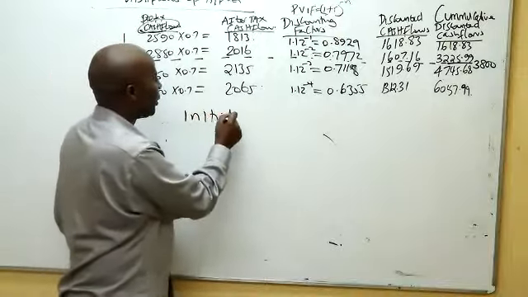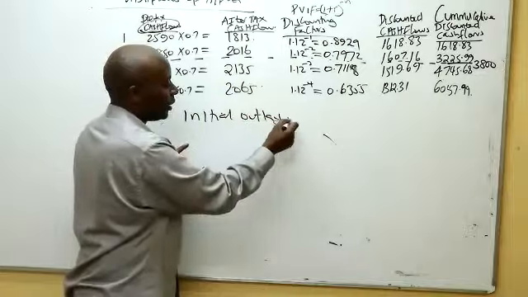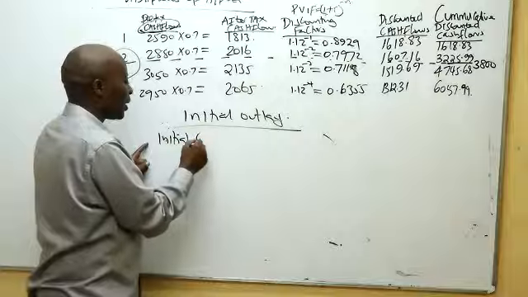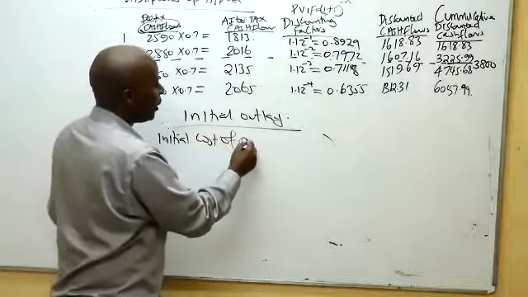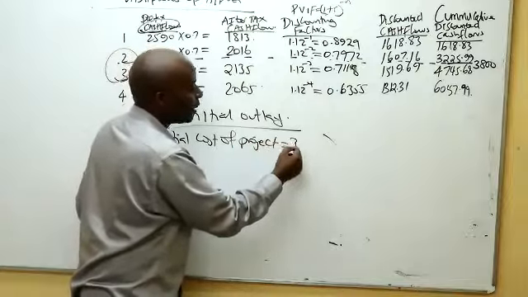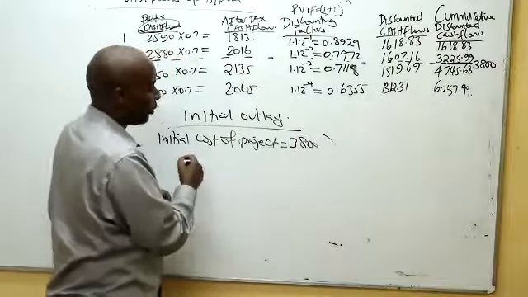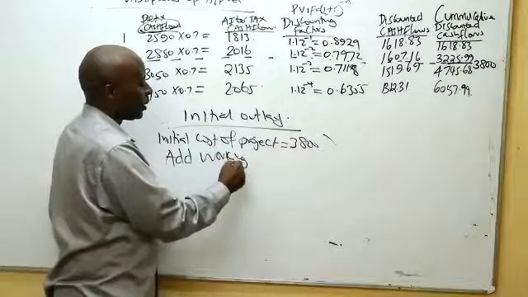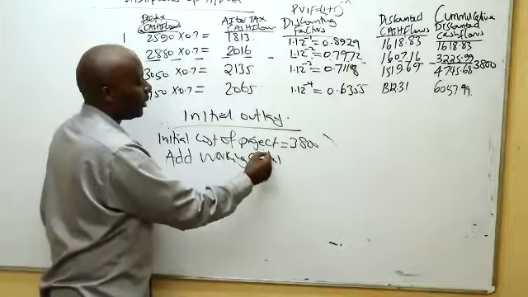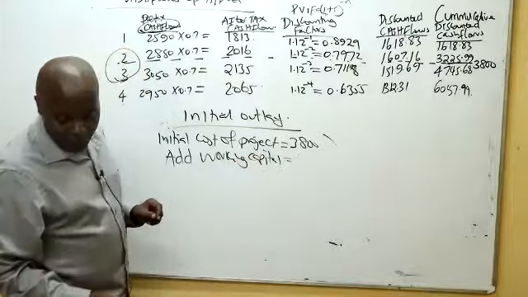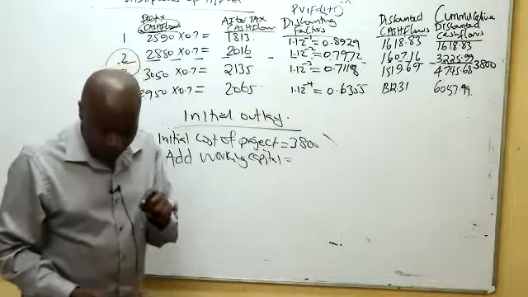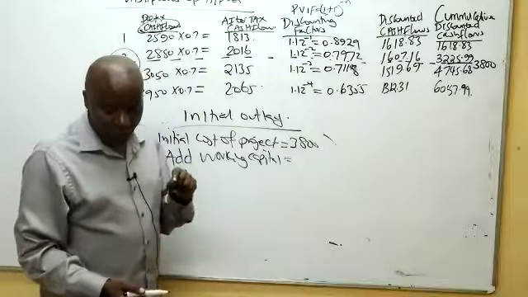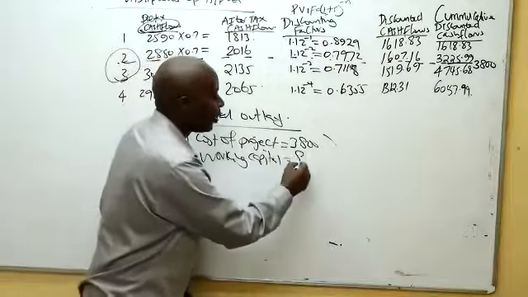The initial cost of the project is 3,800, and then of course you'll add the working capital required of 825 for project A.